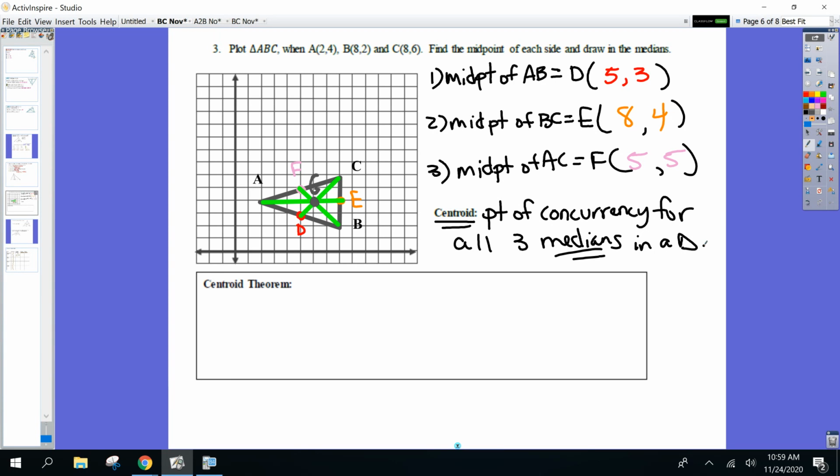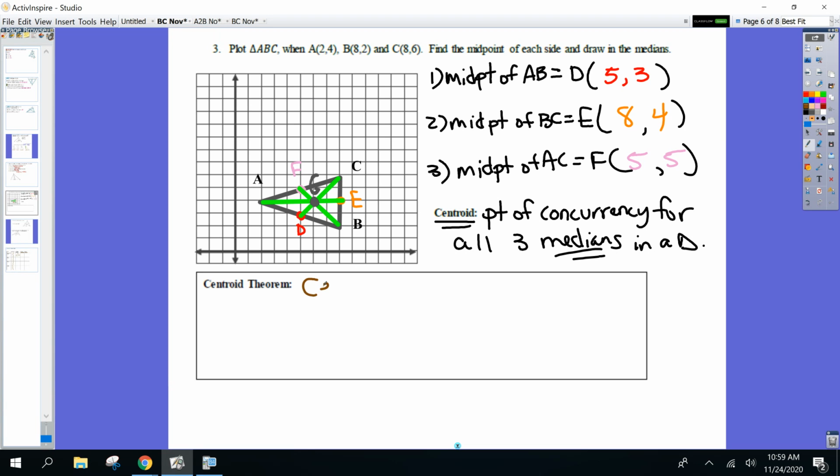All right, what I really need you to know about the centroid is the following. Remember, circumcenter was equidistant from the vertices. In-center was equidistant from the sides. Centroid, ready?